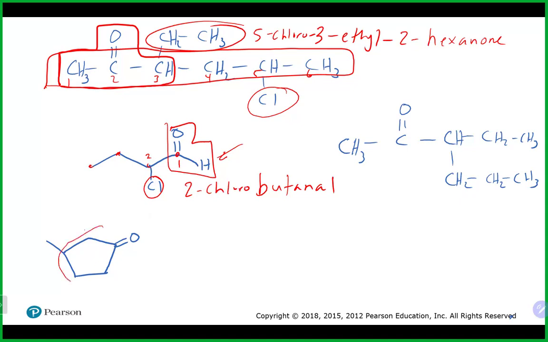That is a cyclopentane ring that has a ketone group off of it, which is carbon, carbon, carbon, and our double bond, right? So right about there is our functional group happening there. So that's going to be a cyclopentanone.